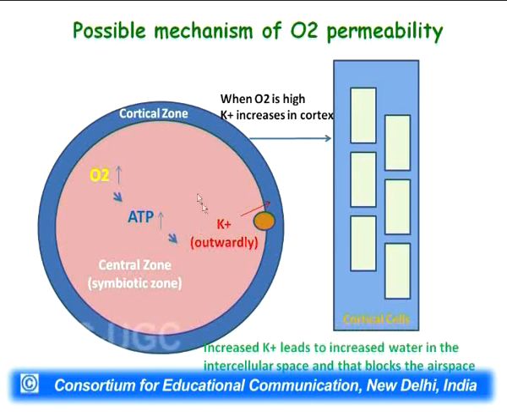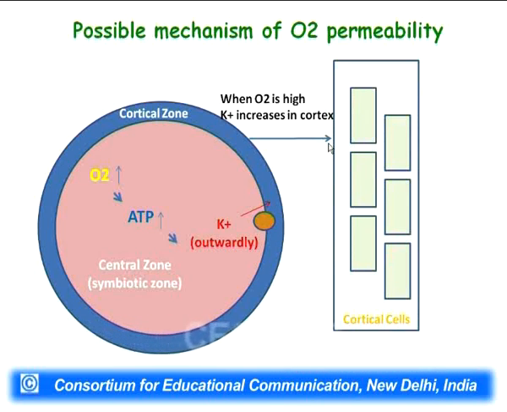When potassium is pumped outside, see here, this is a potassium pump, the potassium will go out, and when it goes out, the ionic concentration in the apoplast goes high. Say, for example, these are the cells. When these cells throw potassium outside, this is the cell and this is the air space.